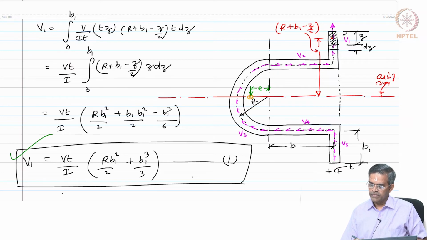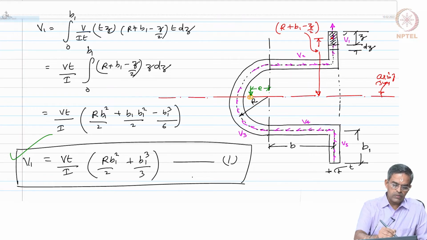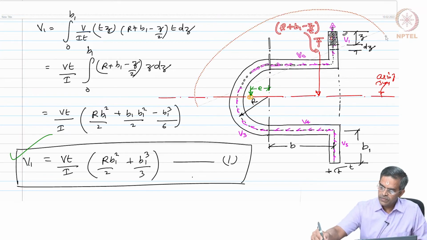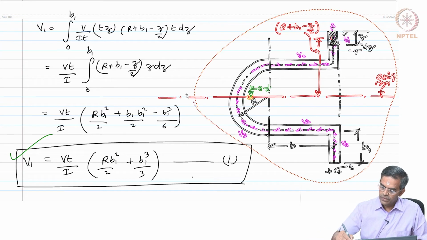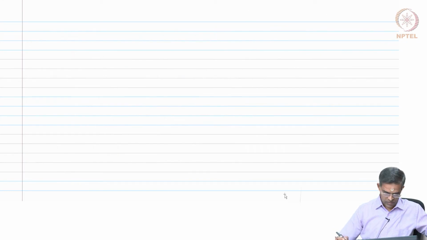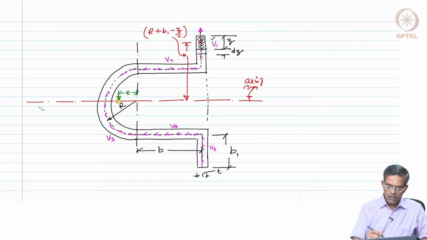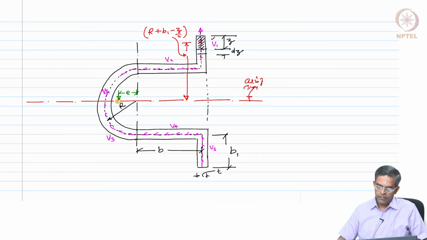Okay. This is V3, okay, let us mark this, this is V3, curved section, okay.